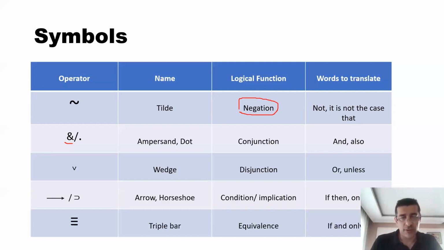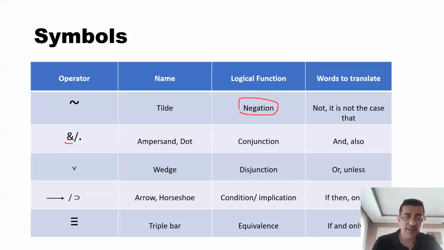In our book, we use an ampersand, and it's used for conjunction. There are words like and, also, but, which are represented by an ampersand. A wedge is used for disjunction. That's when we use or, or we use unless, and we'll see how, although unless can be considered as an if, we use it with a wedge.